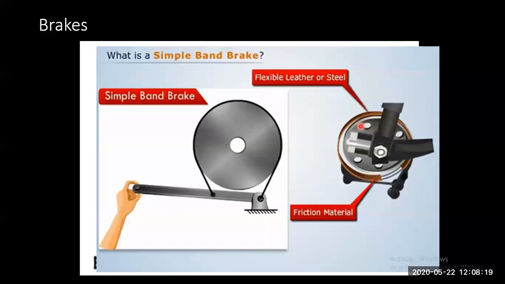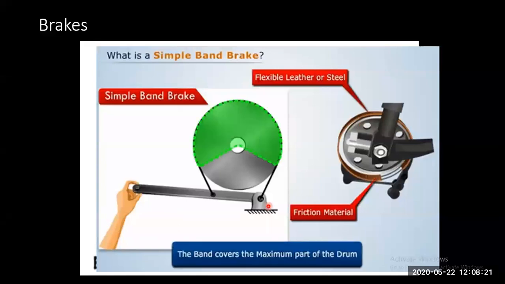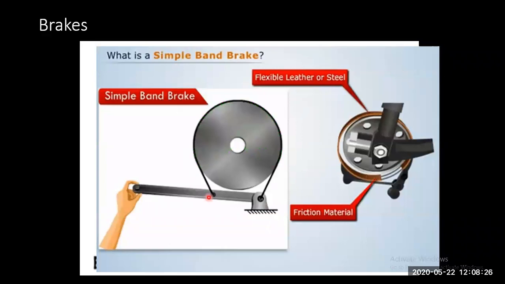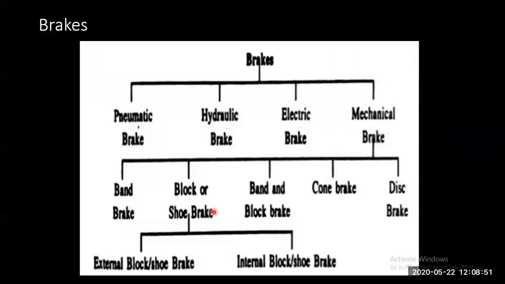Once you engage the lever, you have the braking action. The friction material or the leather starts absorbing all the rotation, thereby slowing down the vehicle or the drum, which you can see here. We'll be designing this type of brake also, the band brake.